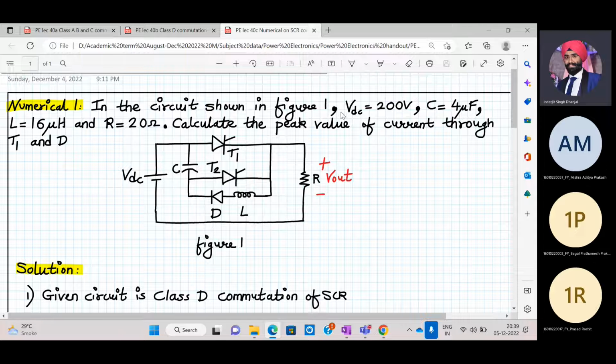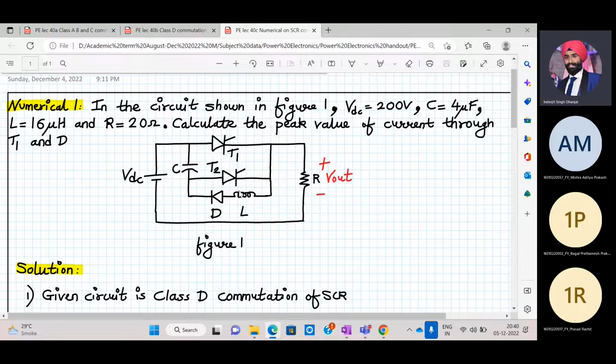So in the circuit shown below, VDC value is 200, C value is 4 microfarad, L value is 16 microhenry, R is 220 ohms. Remember here we have an R load. Calculate the peak current through T1 and D. Now T1 is considered to be the main SCR, and D is the diode.